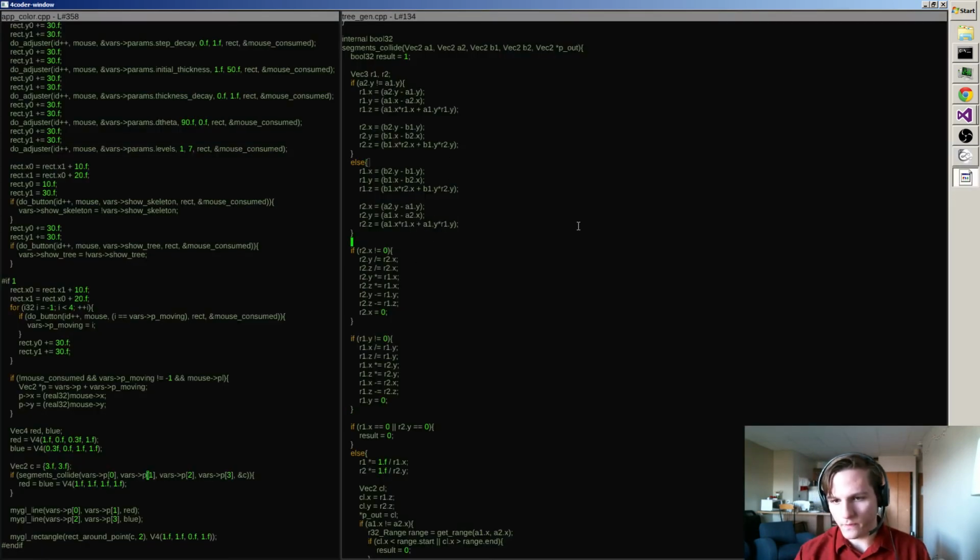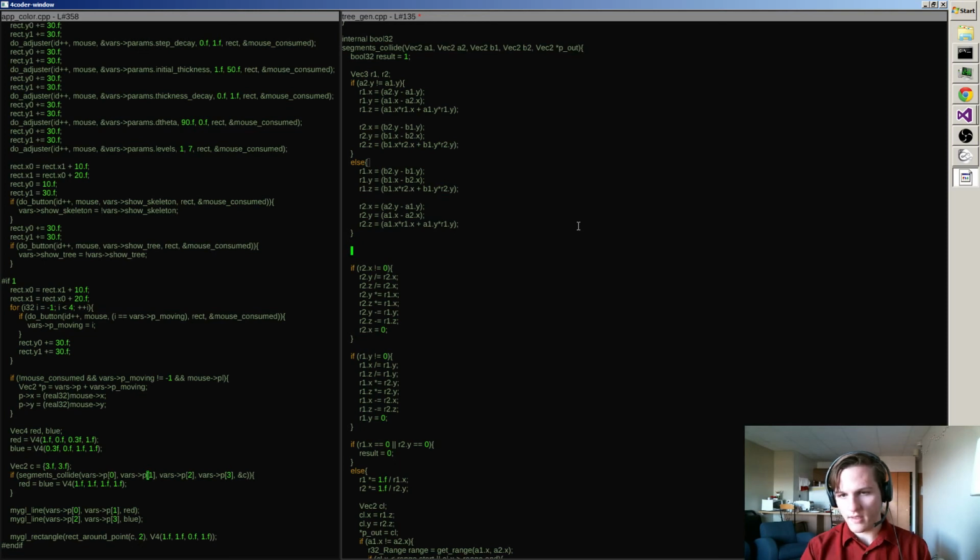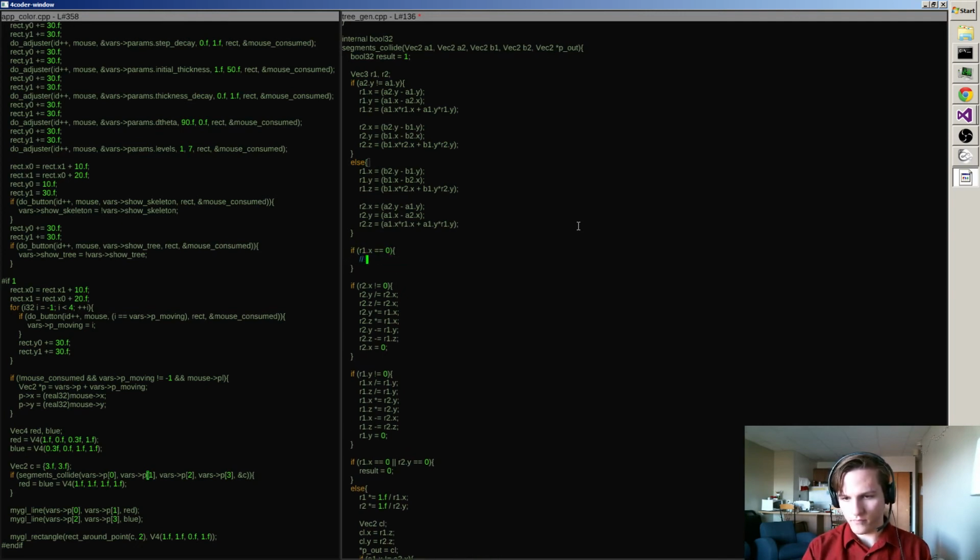Okay, so we've done the work. If r1.x equals 0, parallel. Alright, after the first reduction, if r2.y equals 0, you have parallel.